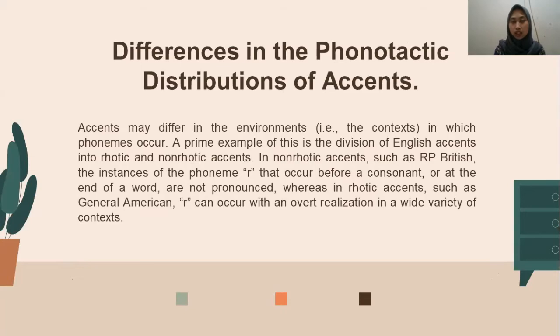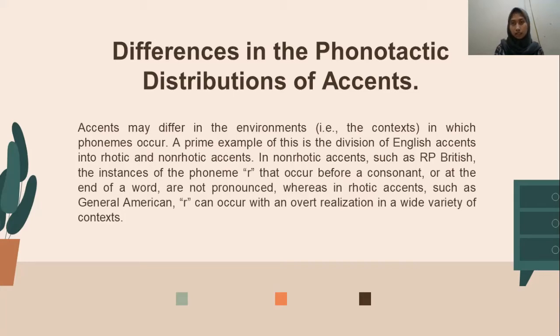The next one is the differences in the phonotactic distributions of accents. Accents may differ in the environments in which phonemes occur. A prime example of this is the division of English accents into rhotic and non-rhotic accents.